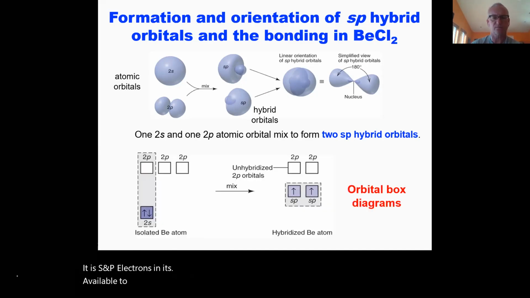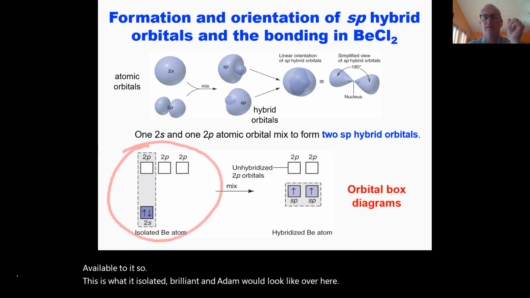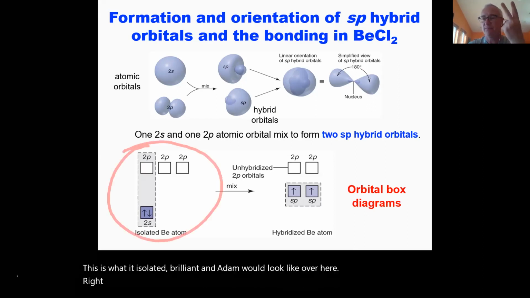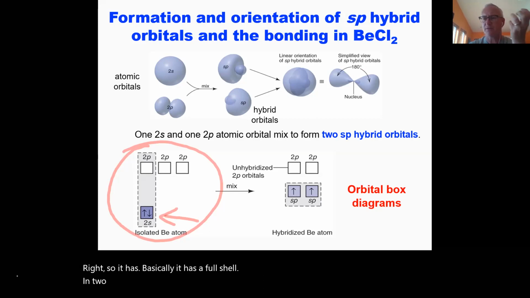So this is what an isolated beryllium atom would look like. It has a full shell in 2s. Its core electrons are 1s2, and its valence electrons are 2s2.